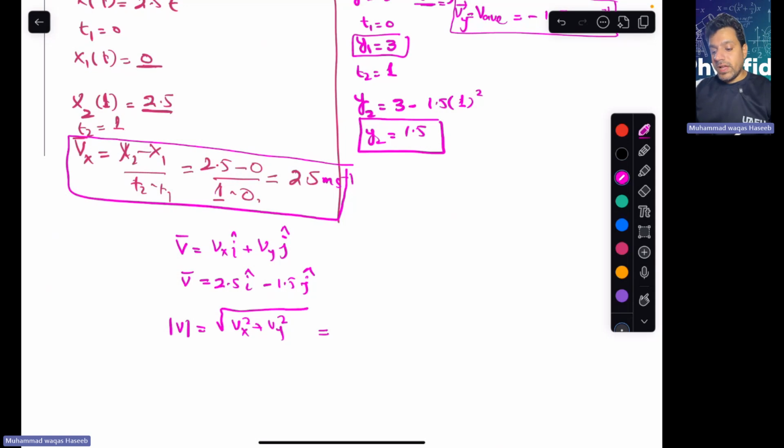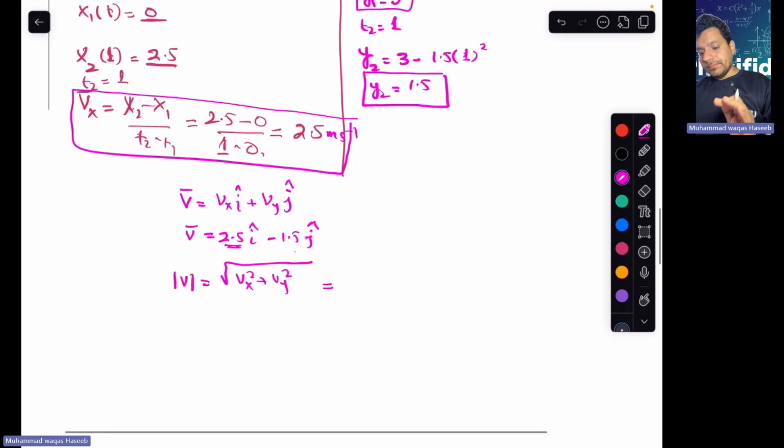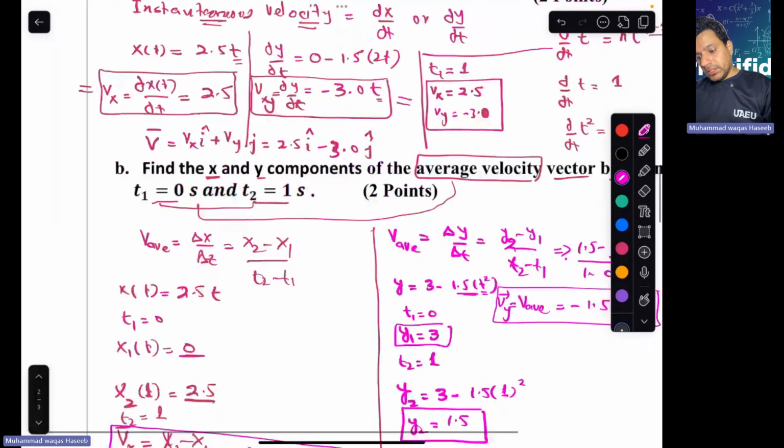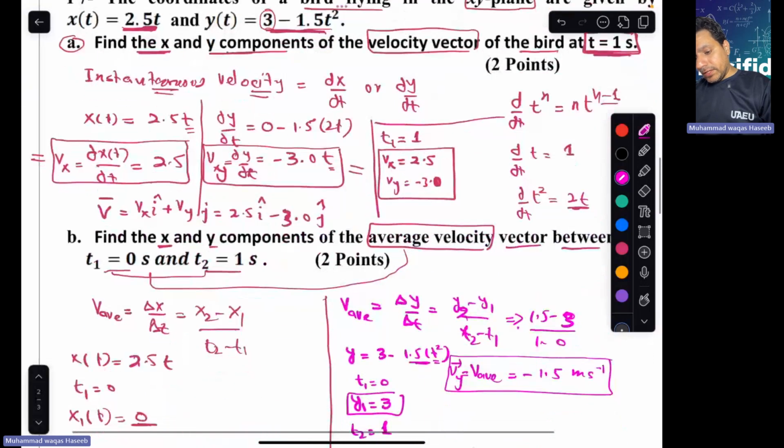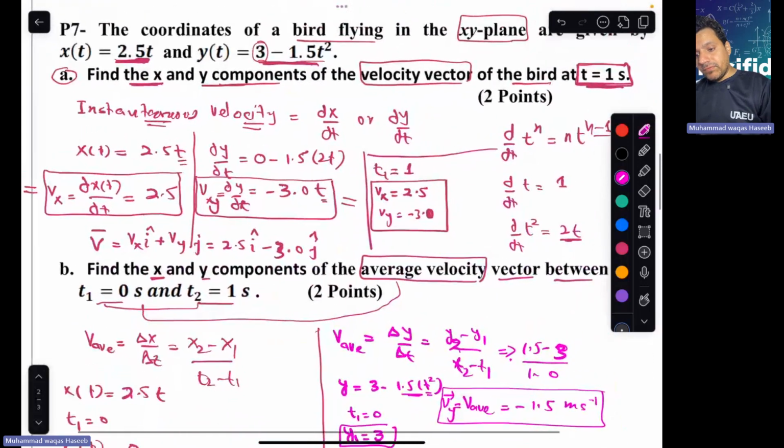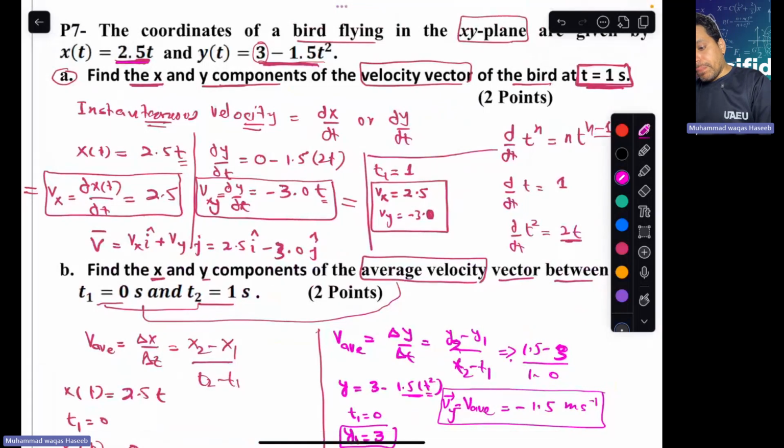So just substitute the values of vx and vy and take the square root. So you will get the velocity. This is how you can find the velocity if the function is given.